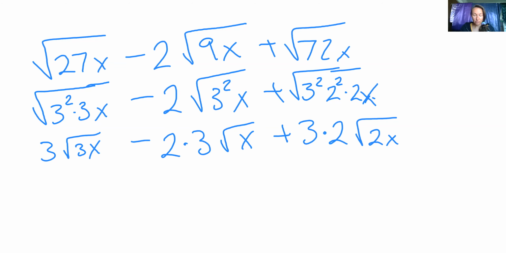I have a 3 squared here, but when I take the square root of it, I just have a 3, right? I have a 3 squared and a 2 squared. So when I pull it outside of this square root symbol, I'm taking the square root, which makes it just a 3 and just a 2, right? Same thing, when I take this 3 squared outside of the square root, I just get a 3.